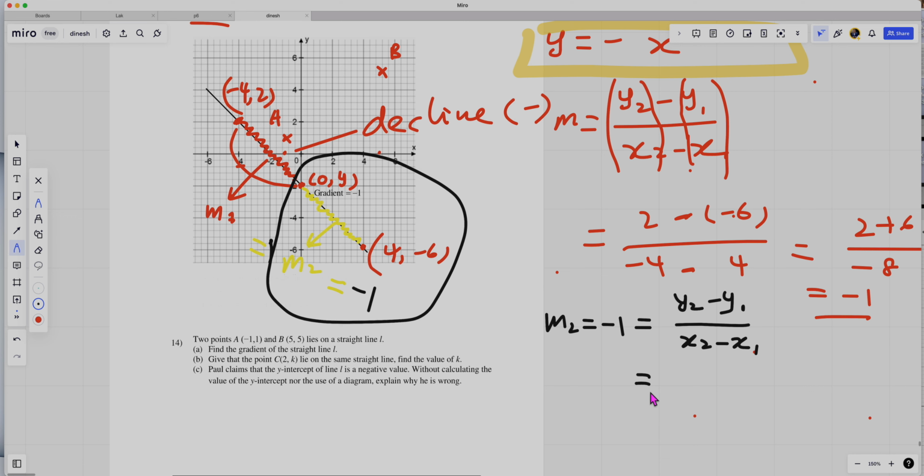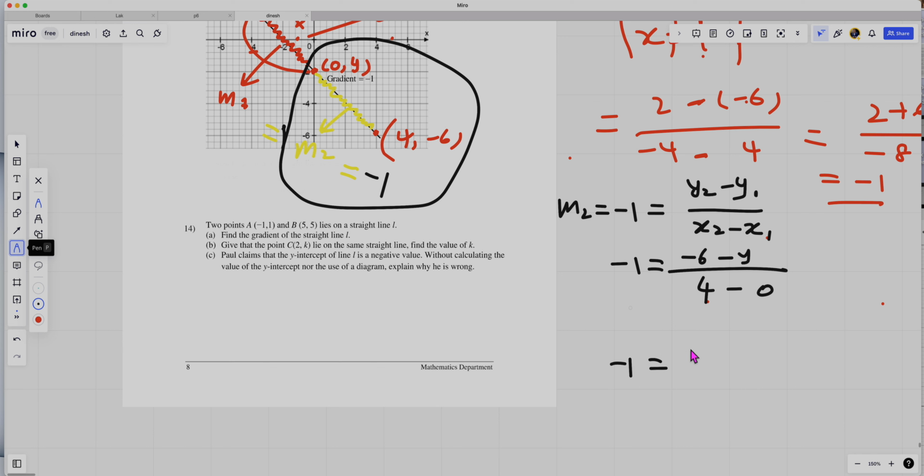And then now put your finger there. This is your y2, so it's -6. This is your y1, which you don't know, so you just put y there. x2 is 4. x1 is 0, right? And then they have to be equal to -1, right? So for this, simplify. This is 4, right? Yes.